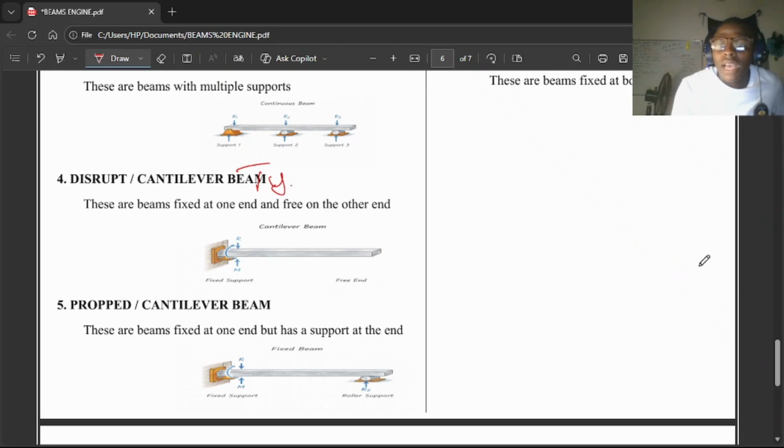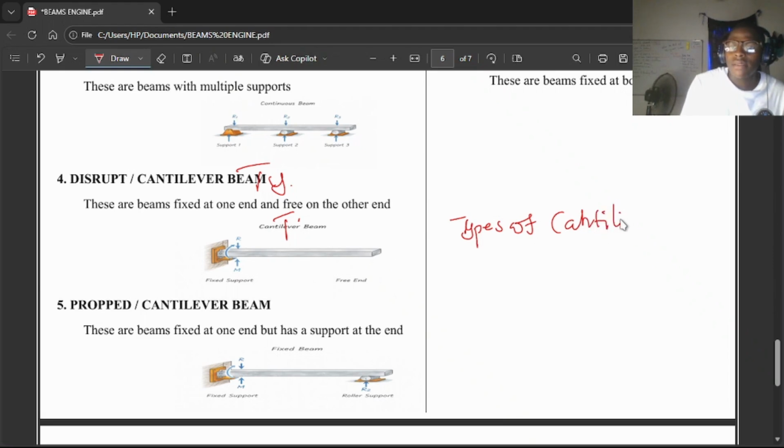So in essence, we have two types of cantilever beam. Let me take this down. So we have types of cantilever beam. One of them is what we call the distal, and the second one is what we call the propped.